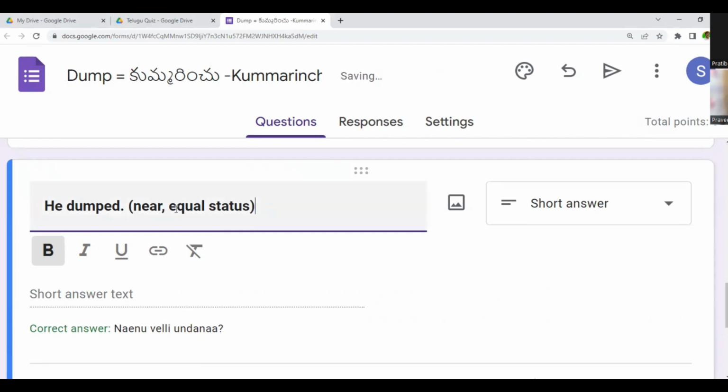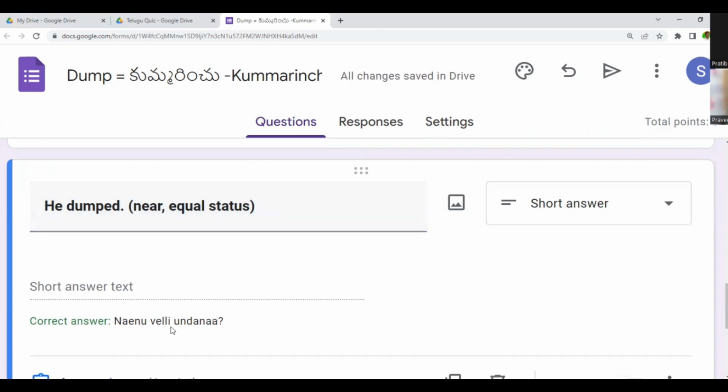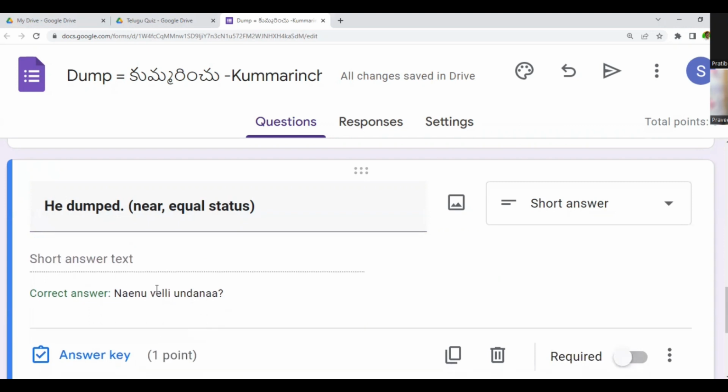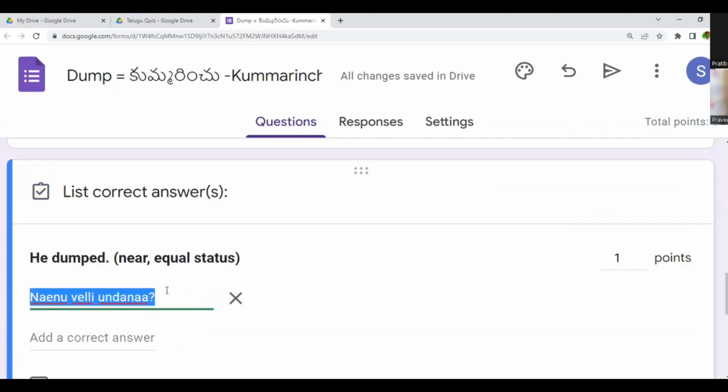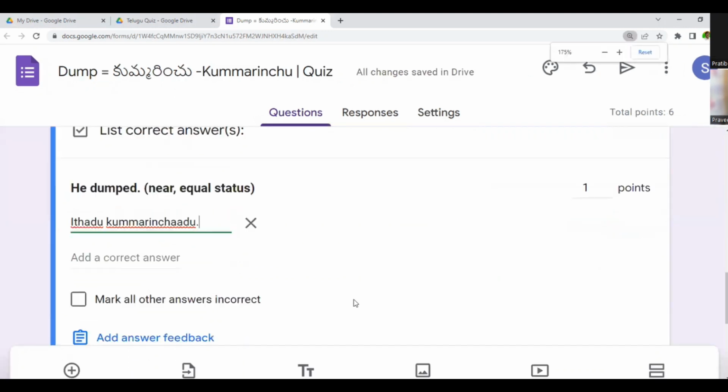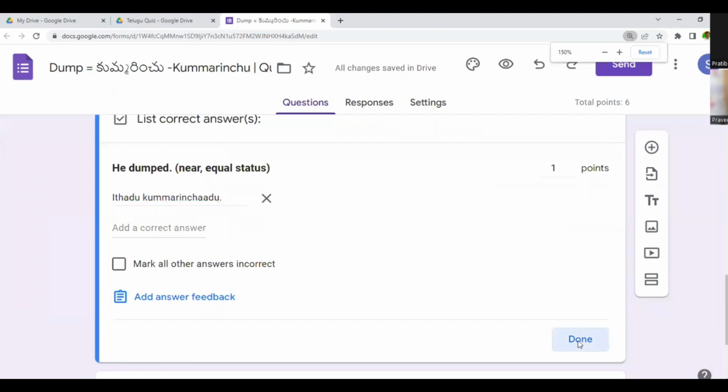Based on this, use the meaning of he, then tell me the translation. ఇతడు కుమరించాడు. Perfect. Very nice. ఇతడు కుమ్మరించాడు. Perfect. Let me save this one.